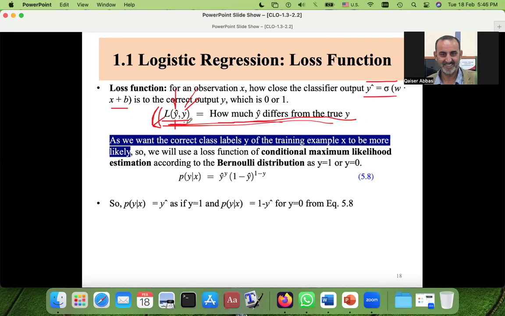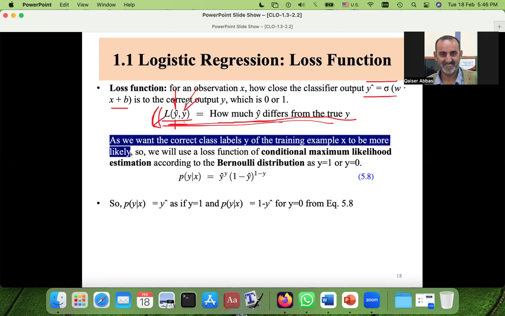What does this actually mean? It means that we want this class, which is y, which is available in our data set, to be predicted by our model most likely, most of the time. This is the meaning of that.